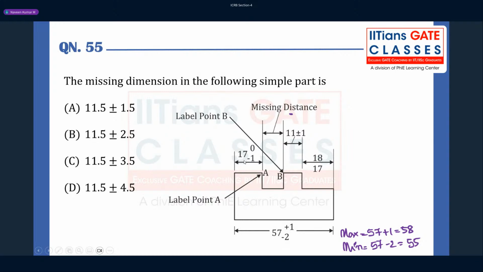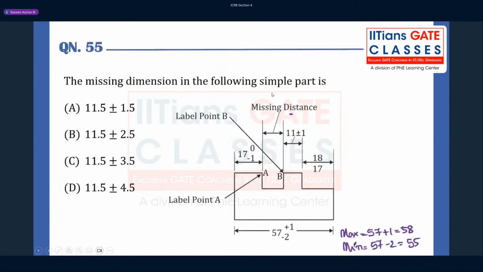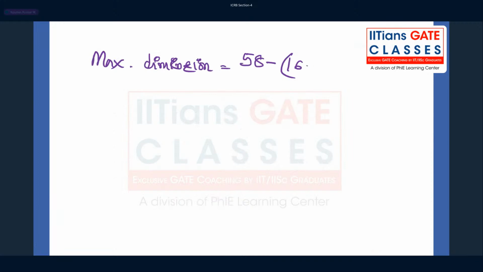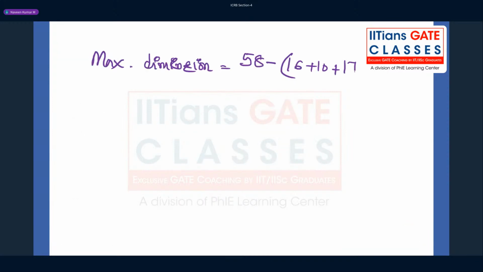That is important. 17 minus 1 is 16, and 11 minus 1 is 10, plus 11 minus 1 is 10. So plus what is this? 17. 17 is the minimum, right? So I've taken the minimum plus 17. If you do this, it is 43.